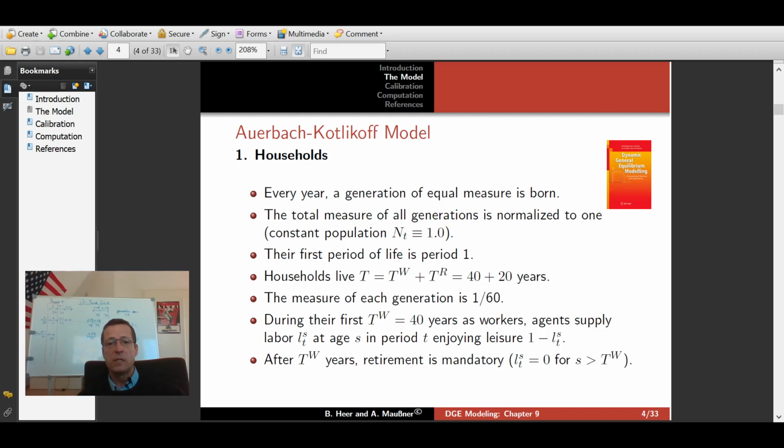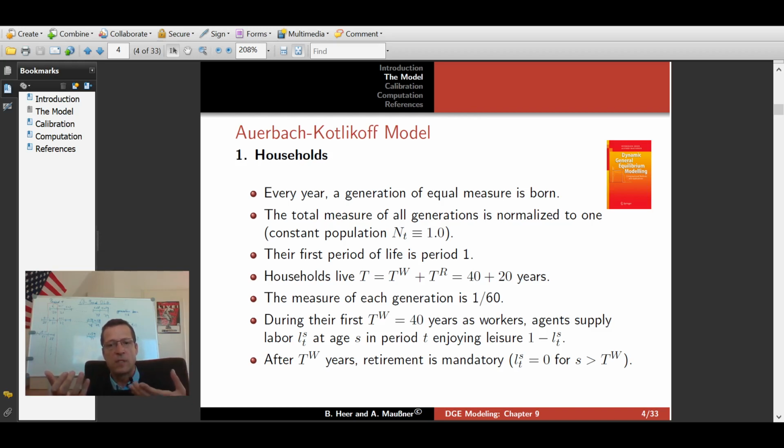So this means that the old-age dependency ratio in our model is 1/2. So we have 20 cohorts of retirees. So this is 20/60, 1/3 is the measure of the retirees. We have 40/60 workers, 40 cohorts each of measure 1/60.